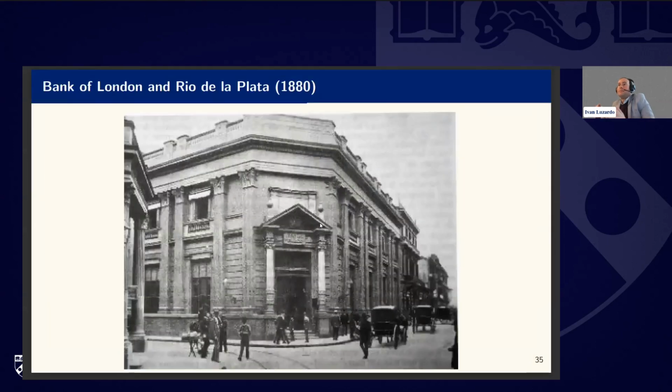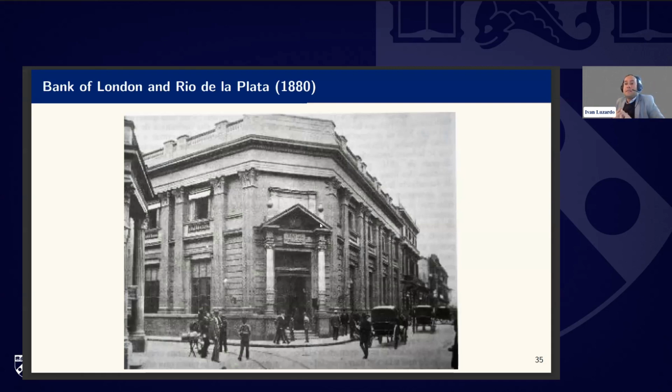So most of the banks, or the oldest banks in Latin America, come from this period. So we have here a picture of the Bank of London and Rio de la Plata, because you need an administrative network in order to mobilize capital from the core toward the periphery, because you need a mechanism or a network to make all these transactions.